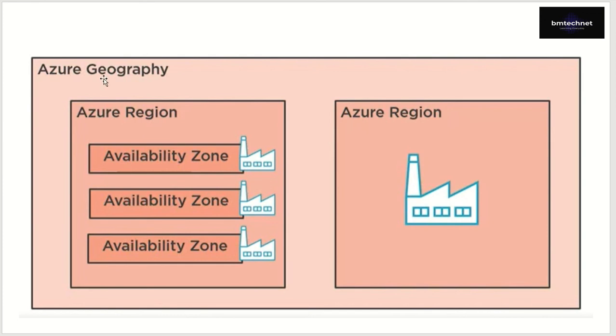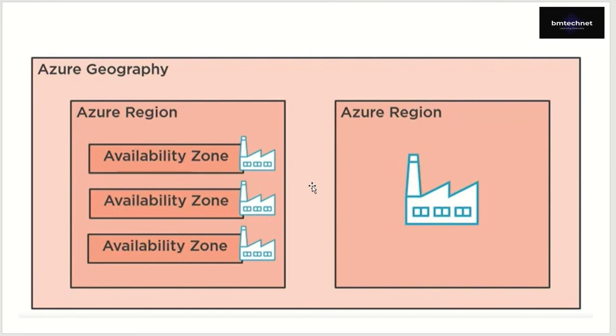Basically, there is an Azure geography block in which different Azure regions fall, and into those Azure regions we have availability zones. So if we have two or more availability zones, that can be called an Azure region.